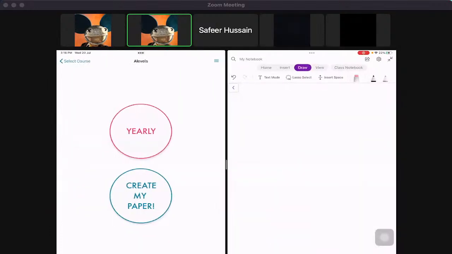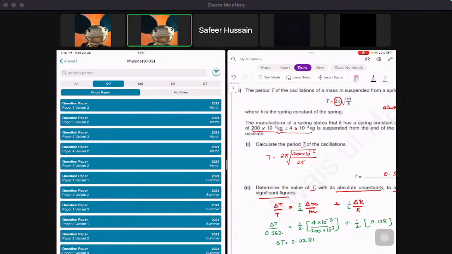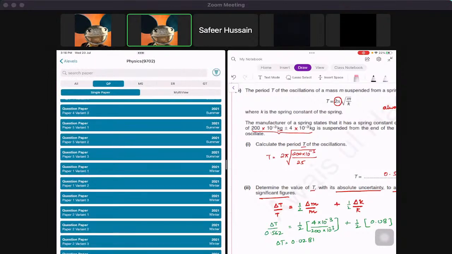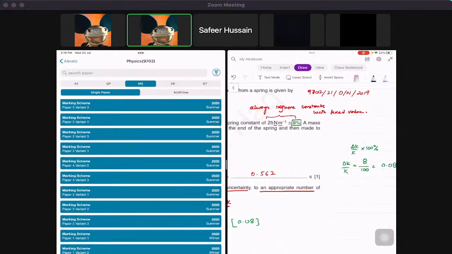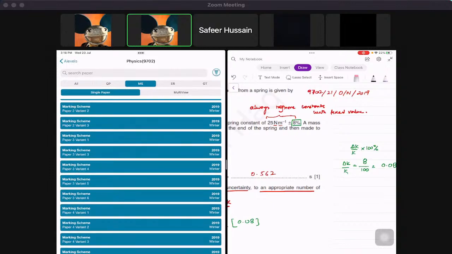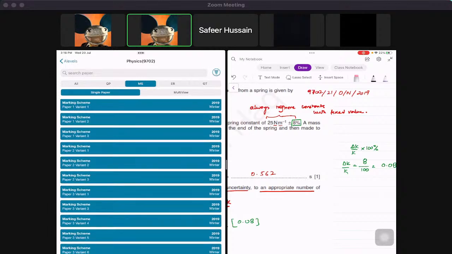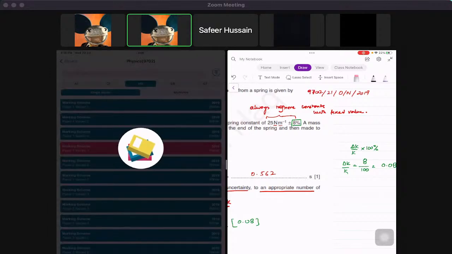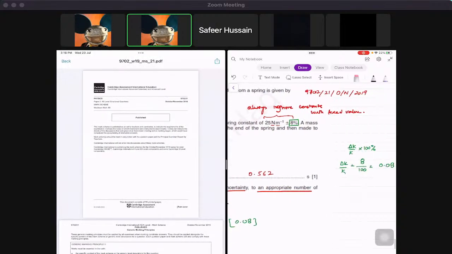We want the mark scheme of Winter 2019 2-1. I don't know which question this is. Interesting, but we'll find it. First 2 questions.